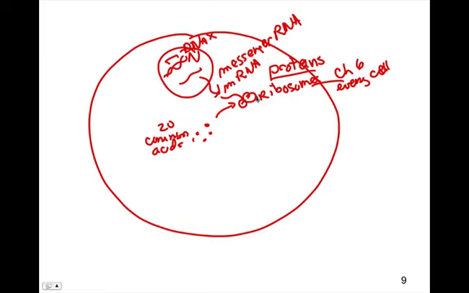The ribosomes are going to synthesize proteins one at a time, and the job of the ribosome is simply to form the covalent bond, the peptide bond, that creates the polymer of this protein.